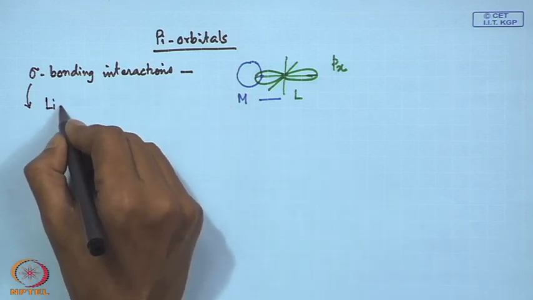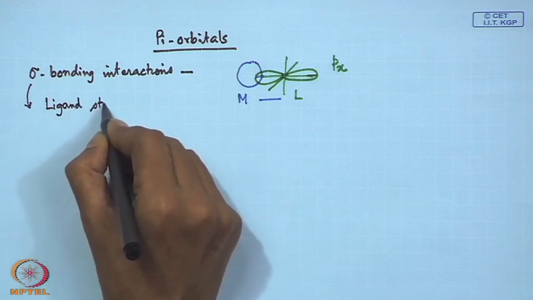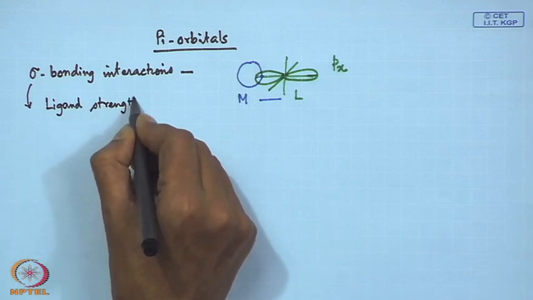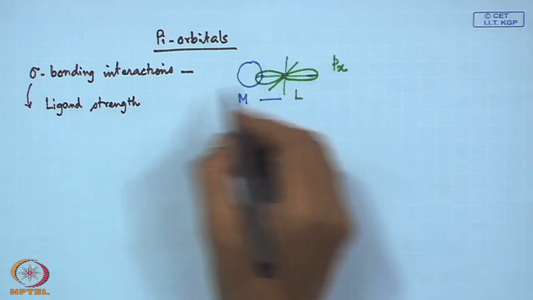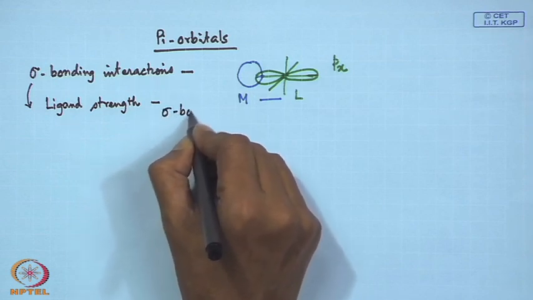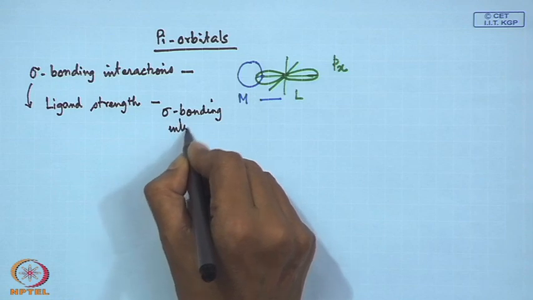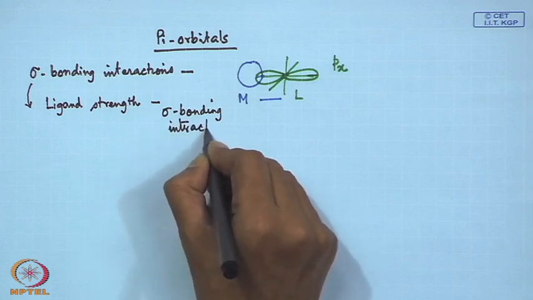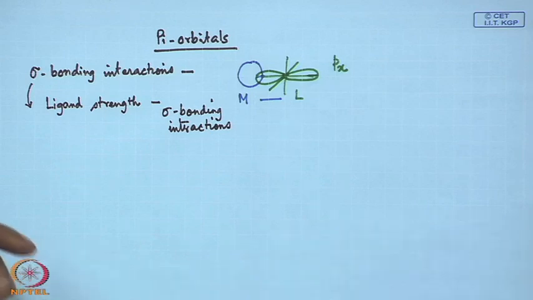So, we can have some idea about the ligand strength in terms of the sigma bonding interactions. These sigma bonding interactions can therefore tell us the corresponding strength of these different ligands.